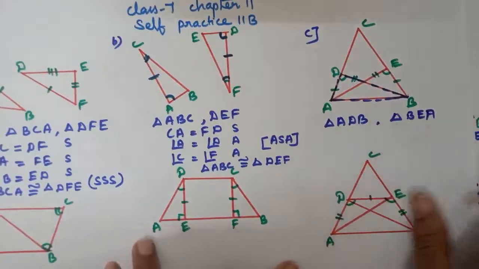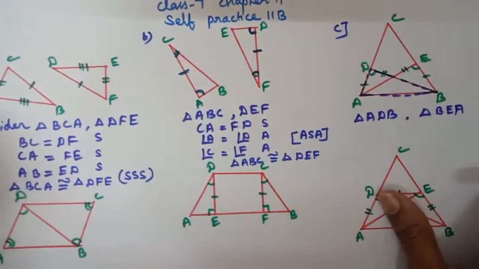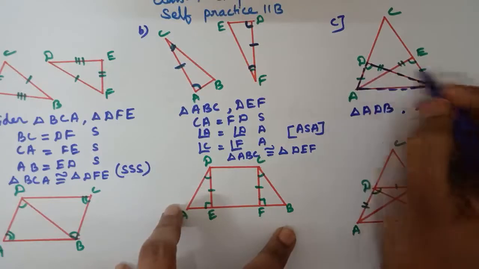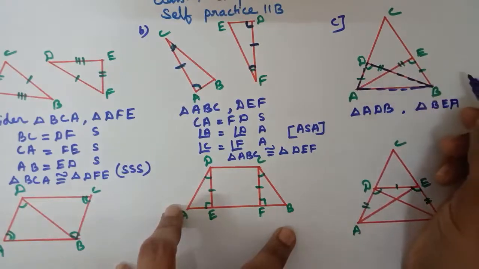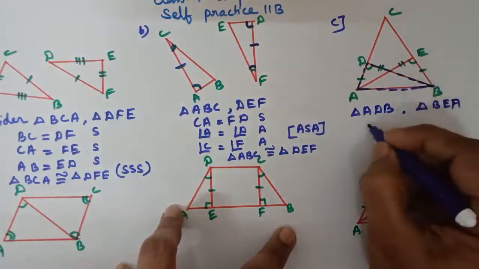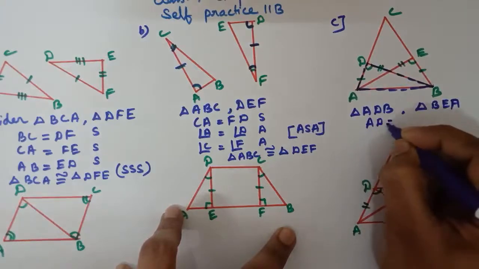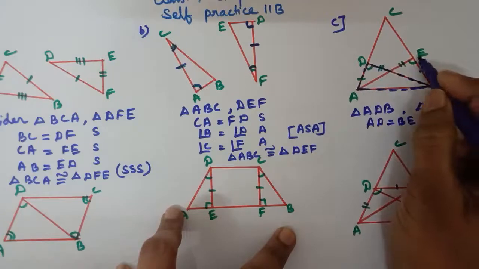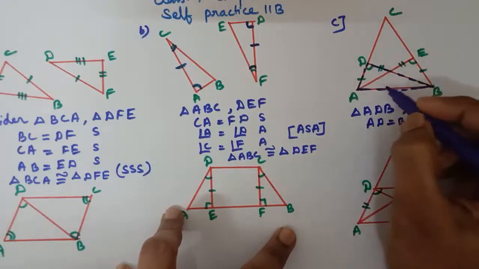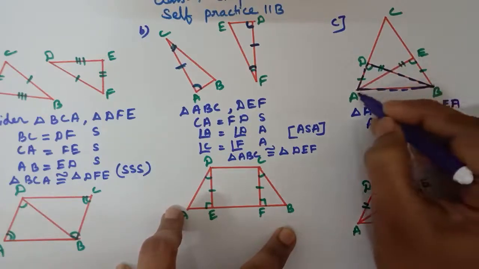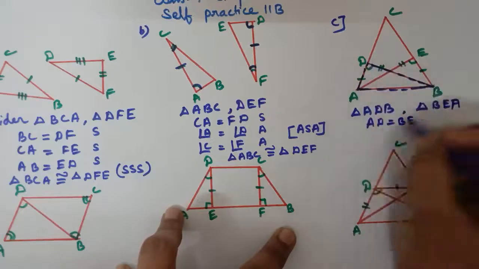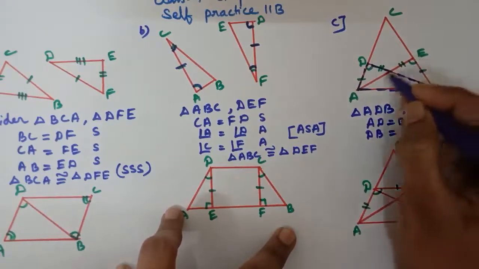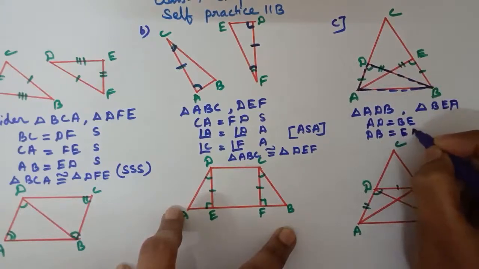Here this side is equal to this side: AD is equal to BE. Then this side is equal to this side: DB is equal to EA.